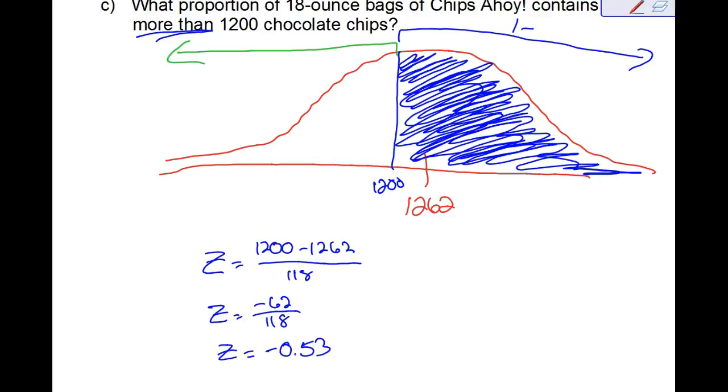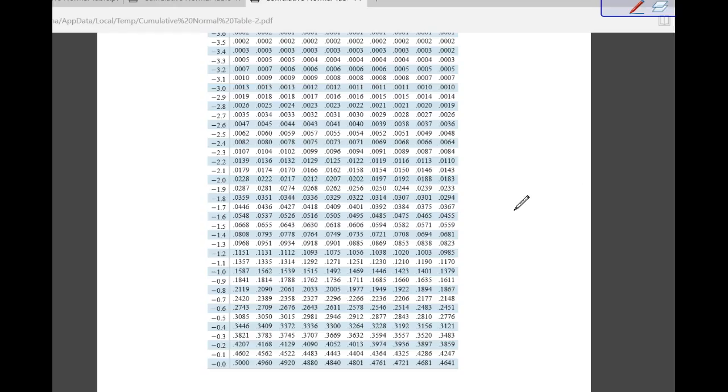So now then I go over and look up a negative 0.53, so a negative 0.5, and then a 3, which will be right here, so 0.2981.